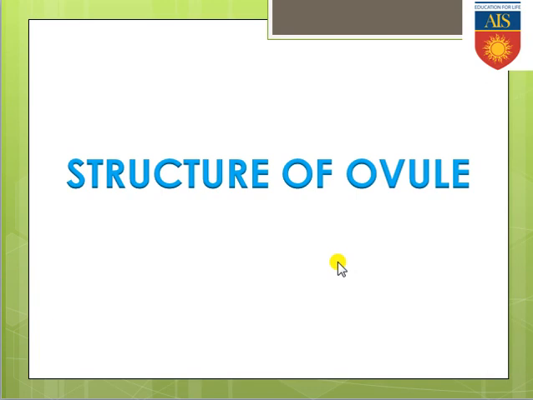I think you have already seen the previous videos on the chapter Sexual Reproduction in Flowering Plants. You can remember in the previous video we discussed the structure of the ovary.